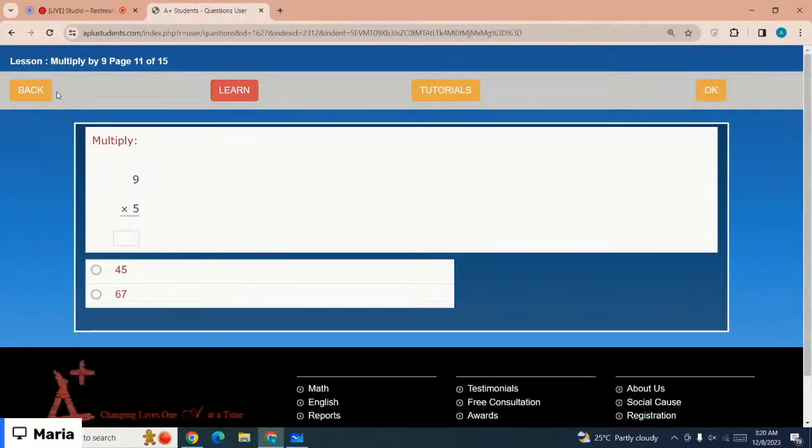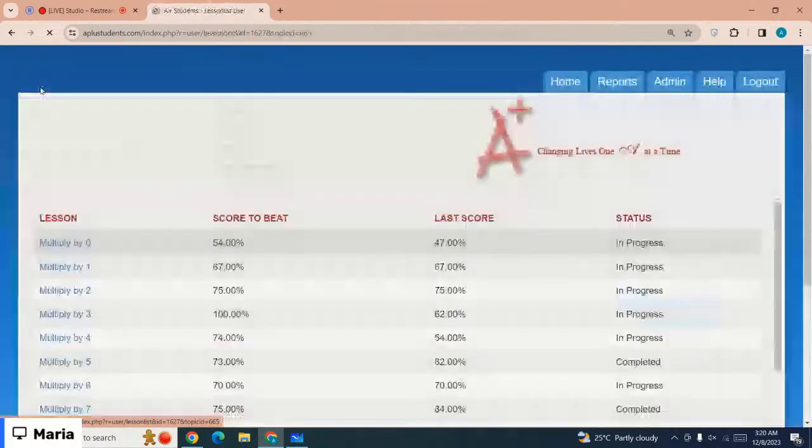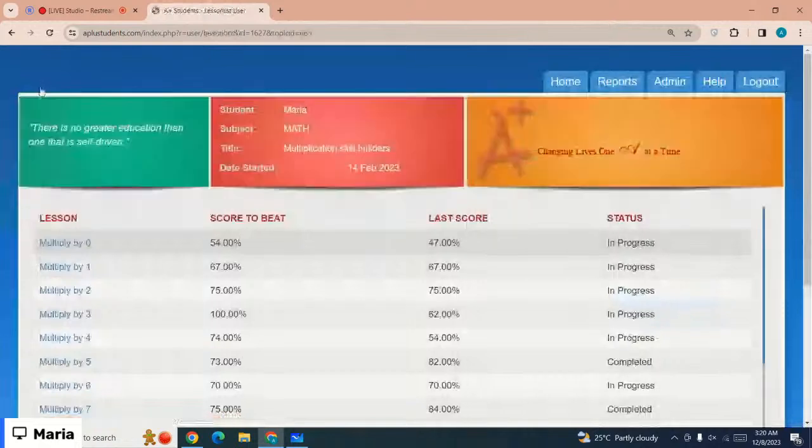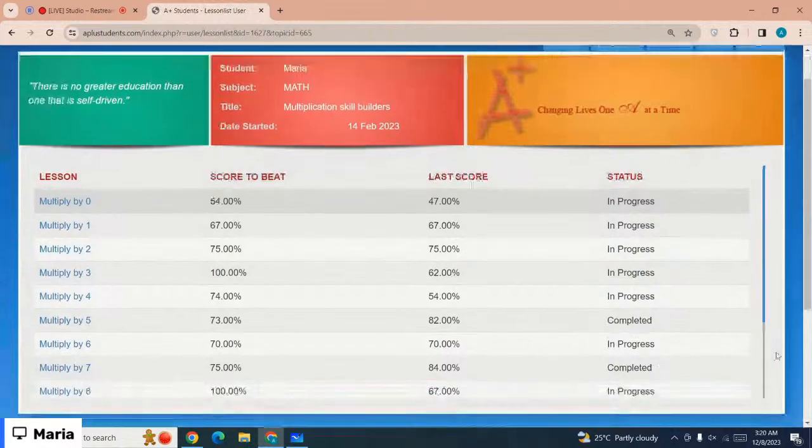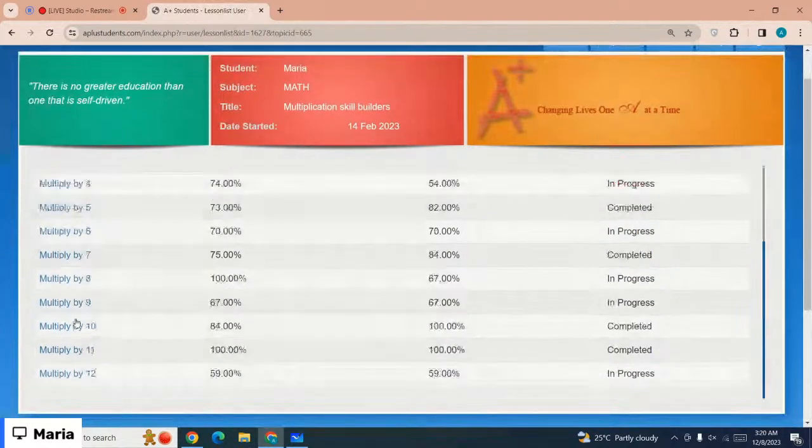The next one is we're going to multiply by 10. Multiplying by 10 is the easiest one, I think. All of you know how to multiply by 10. Basically, multiplying by 10 means you multiply only the non-zero values, 1 times the other number, and then you put a 0.